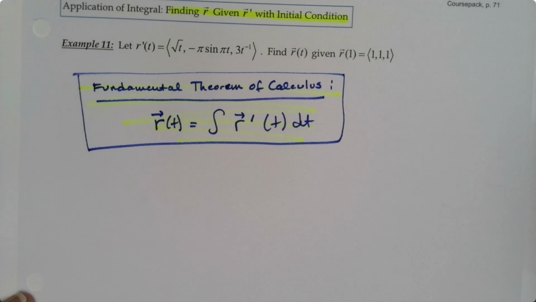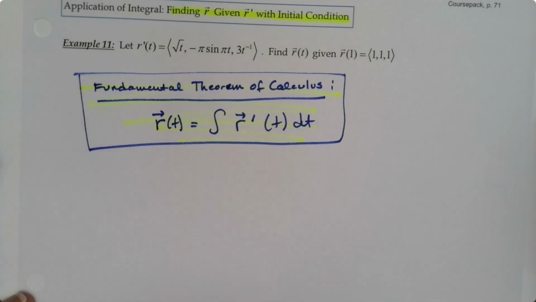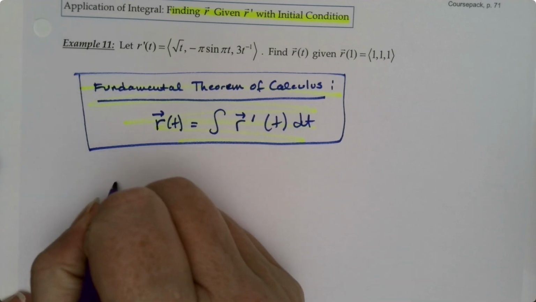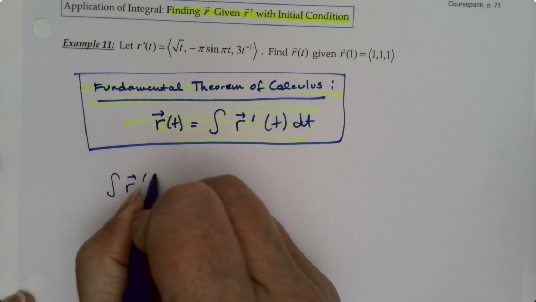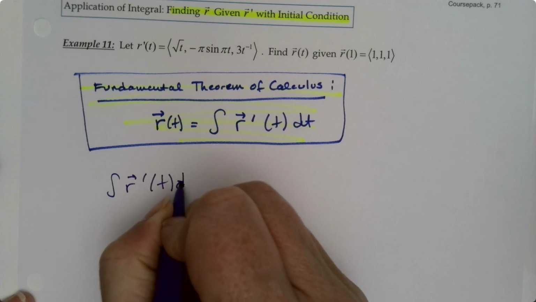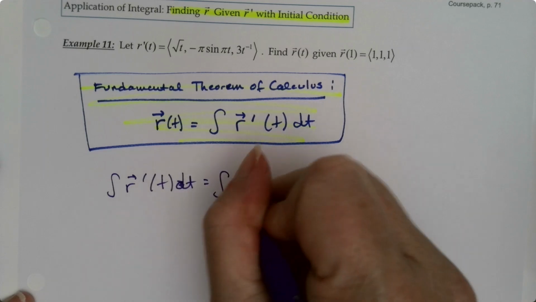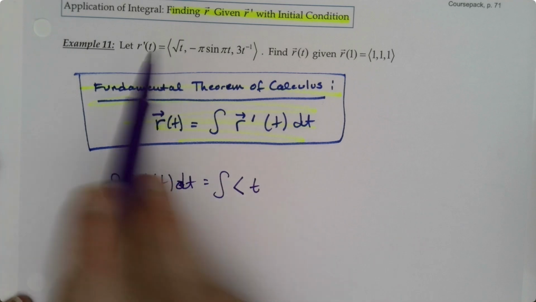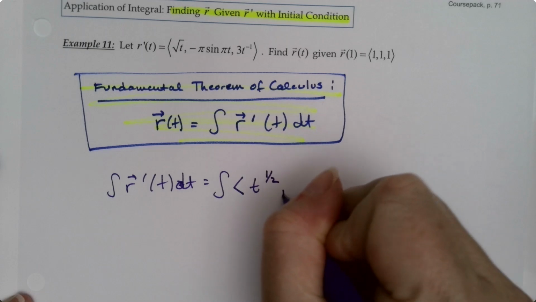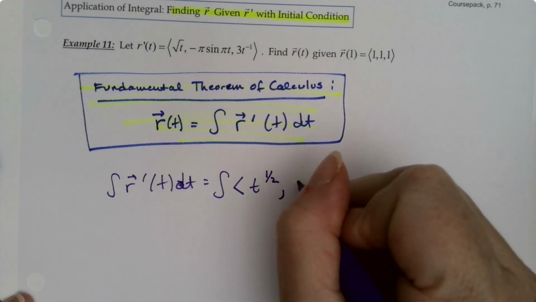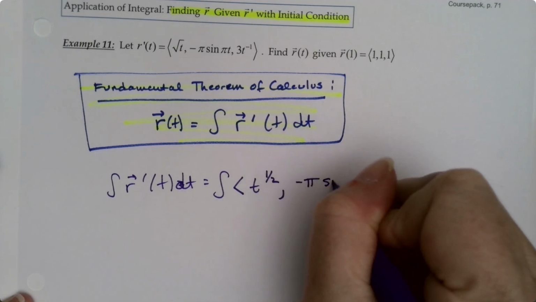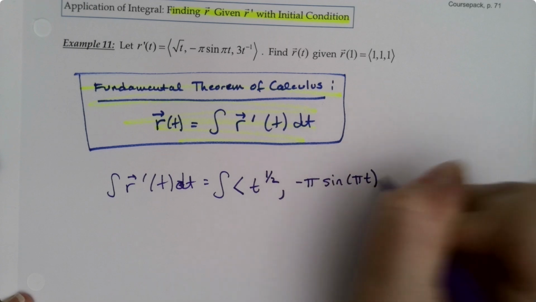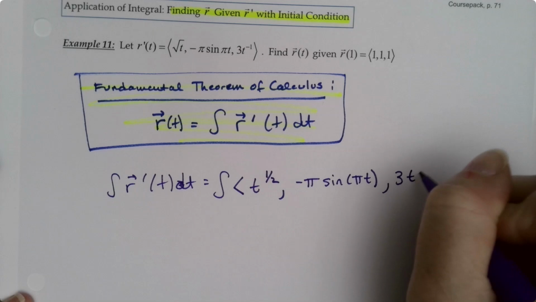I'm sure you have seen it somewhere. Okay, so let's find the integral of r prime for our problem, dt. All right, I'm going to take t, and we don't like square roots written like that for the sake of derivatives and integrals, so we're going to rewrite it as t to the half, negative pi sine of pi t, and 3t to the negative 1.